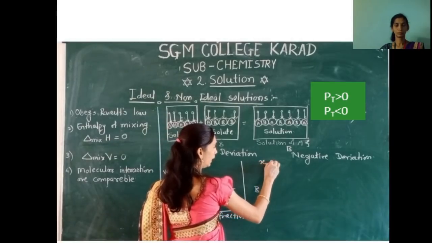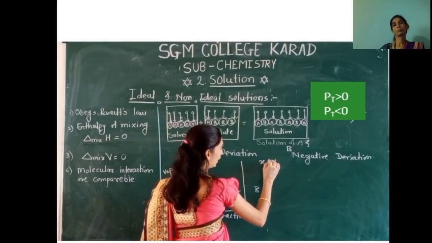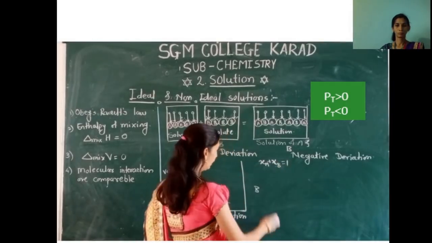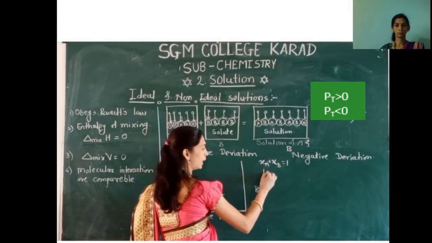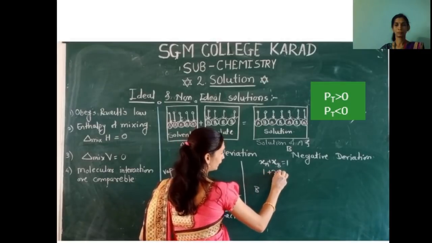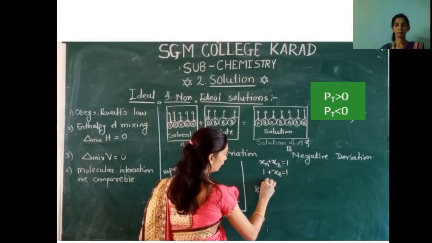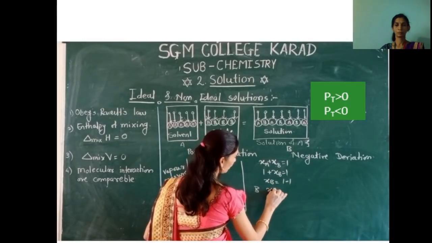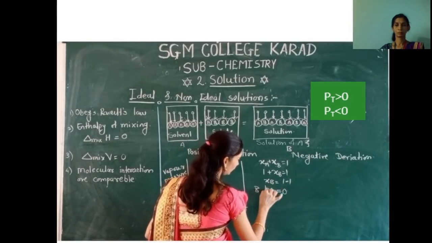See here, XA plus XB is equal to 1. Here we write the value of XA as 1 plus XB is equal to 1. XB is equal to 1 minus 1. The value of XB is equal to 0.